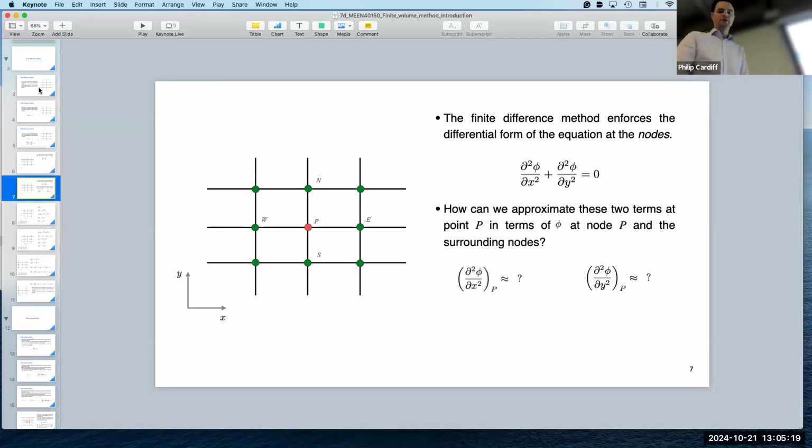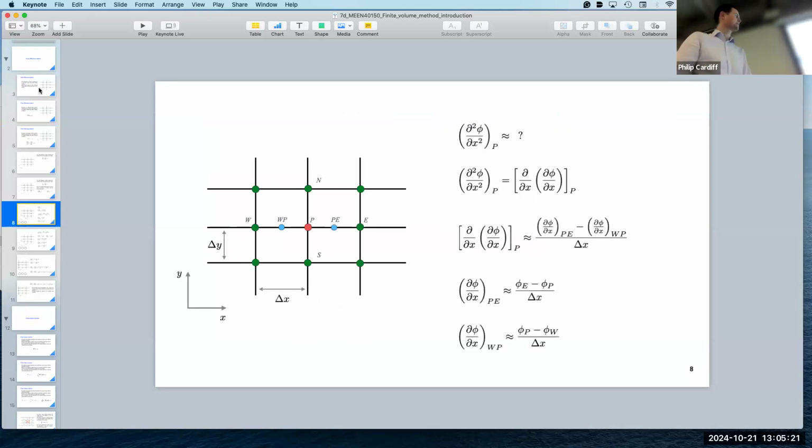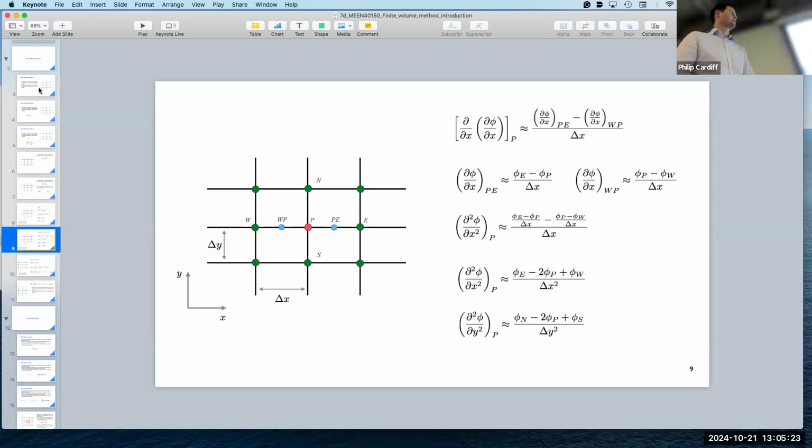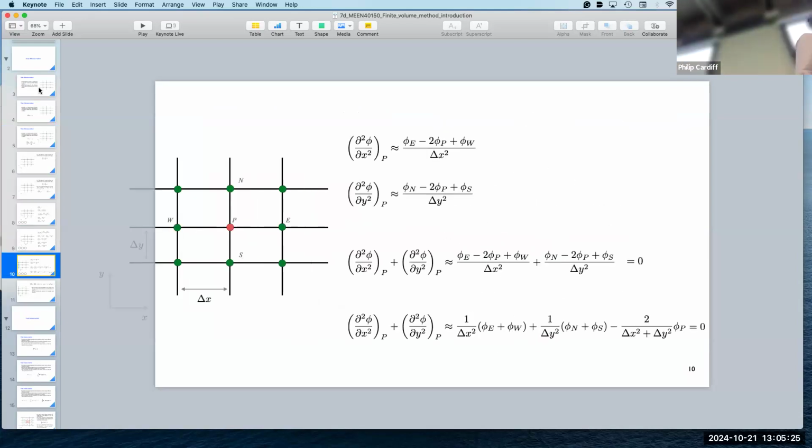So we showed one particular method for approximating that, and we got it looking like this again. So we were able to write that equation in discrete form at this point in terms of the mesh spacing, the delta x and the delta y, and in terms of the values of phi or temperature at the different nodes, north, east, south.